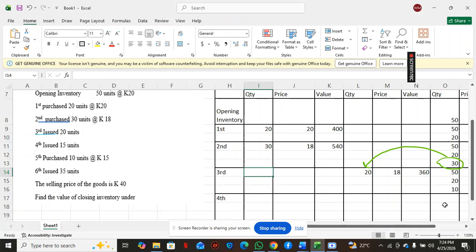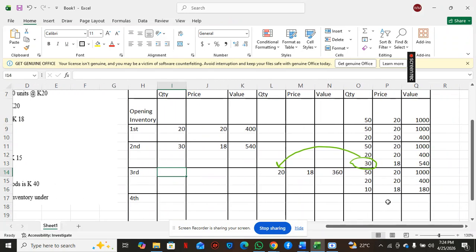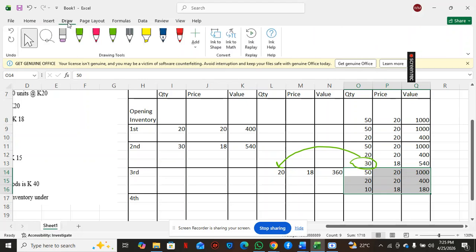So for these 15 spare parts that we are selling, we have to remove from our latest batch. The first 10 spare parts that will be sold are removed from this batch here.